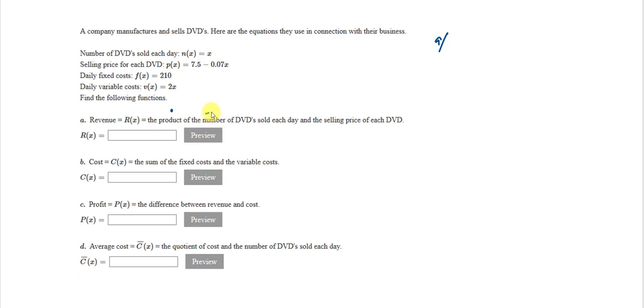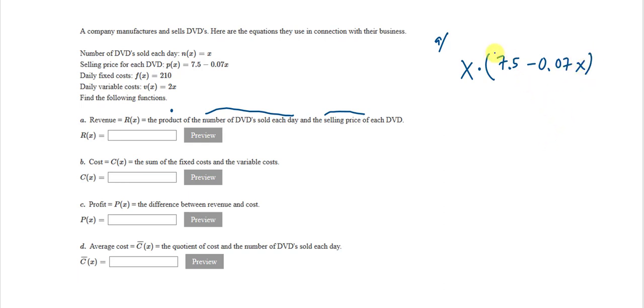Of the number of DVDs sold each day and the selling price. The number of DVDs sold each day is x. Right, the number is x. And the selling price is this one, which is 7.5 minus 0.07x.